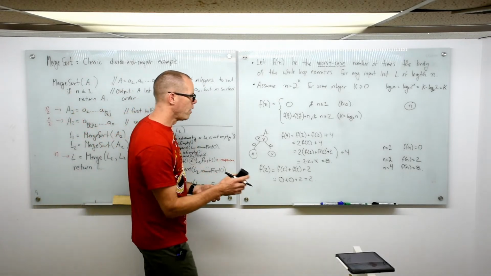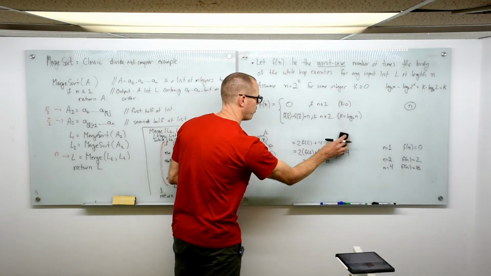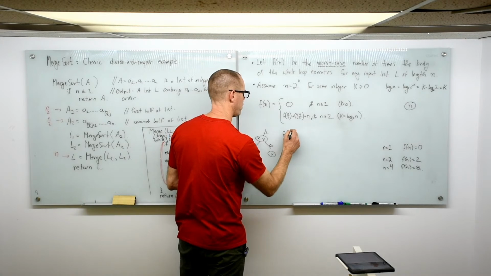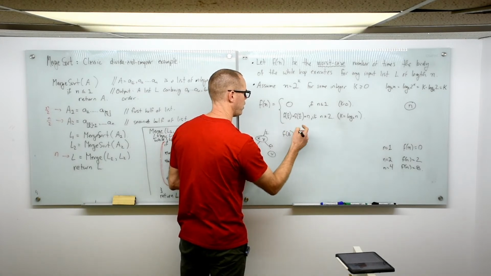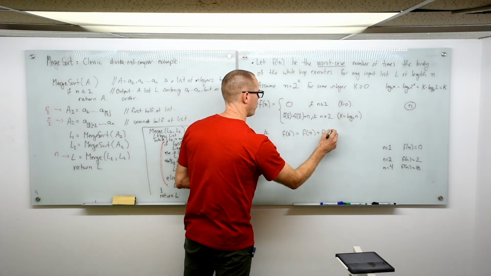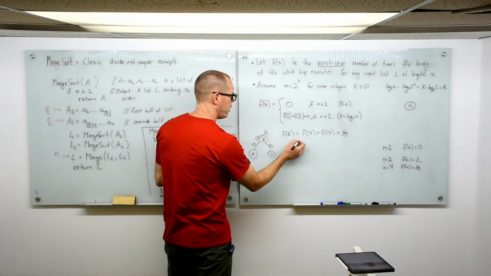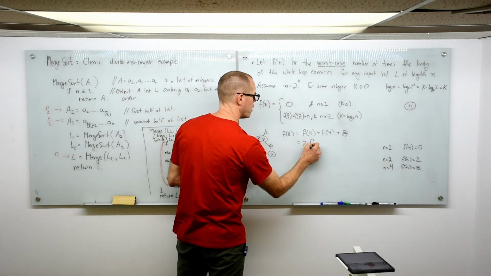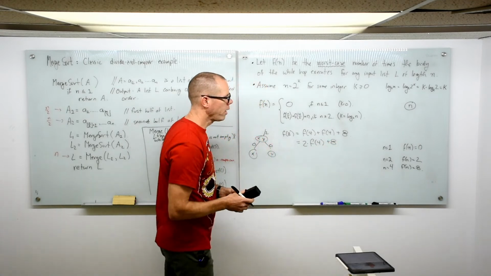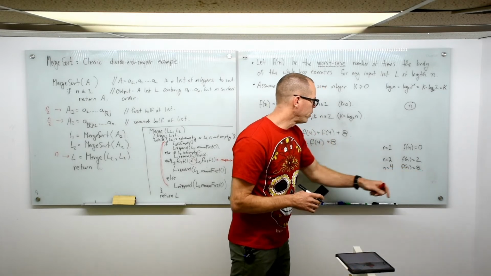And actually, now that we've seen how to do this, we can do f of 8 really quickly, because f of 8 is going to be f of 4 plus f of 4 plus 8. This is just 2 times f of 4 plus 8, and f of 4 we know is 8.